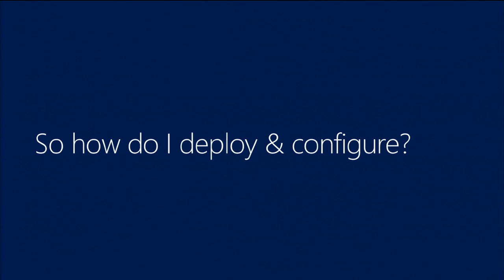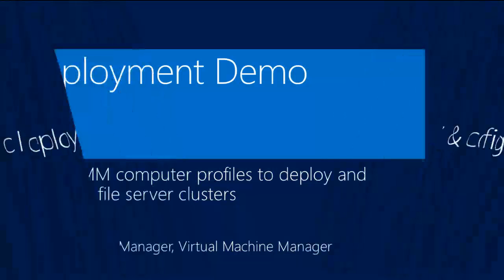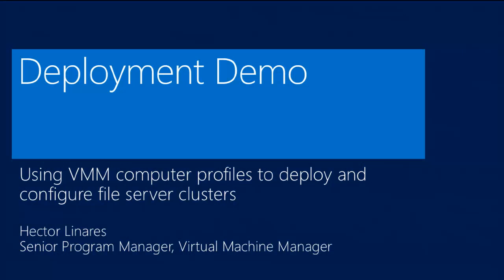So what I want to do now is show you how you can do that and how easy it is to set up a system like that using 2012 R2. And for that, we have Hector here, who is from the System Center Virtual Machine Manager team, and he will walk us through how you actually set up this kind of an environment using VMM. Hector, all yours.